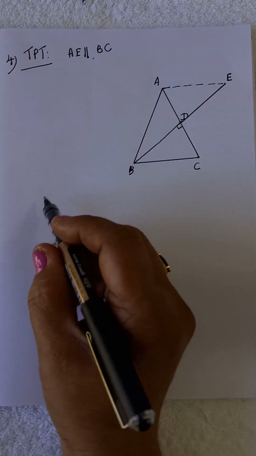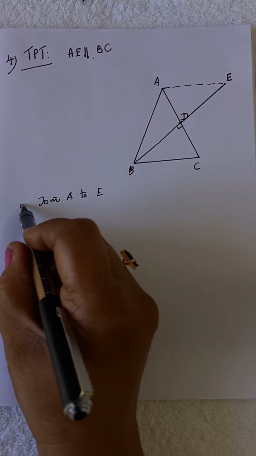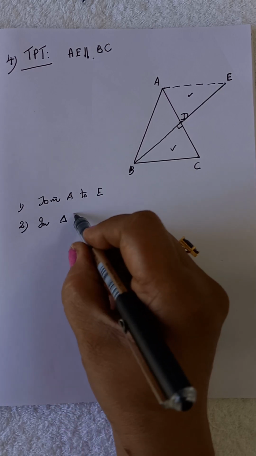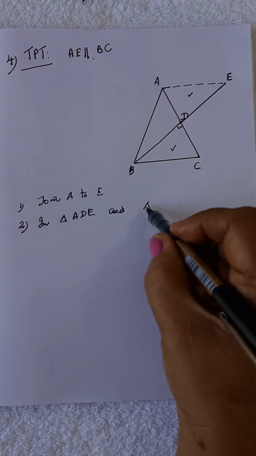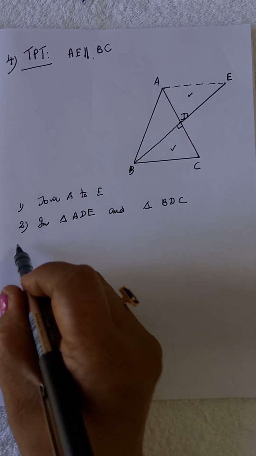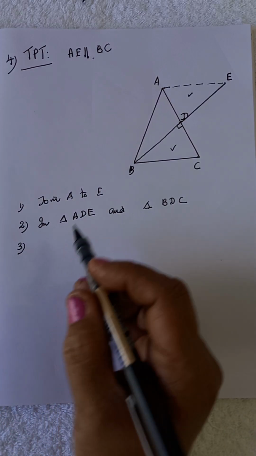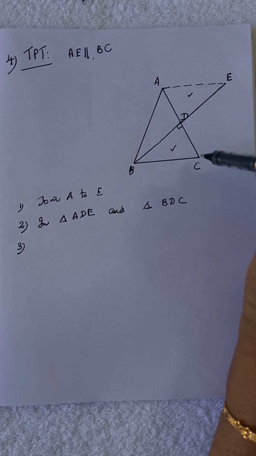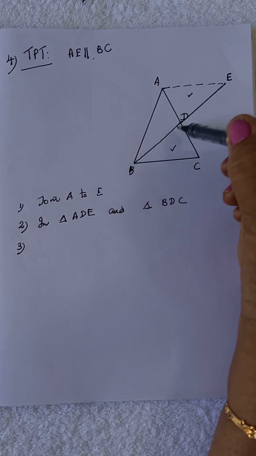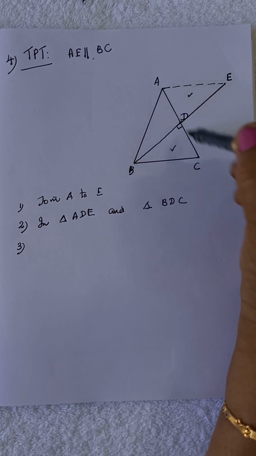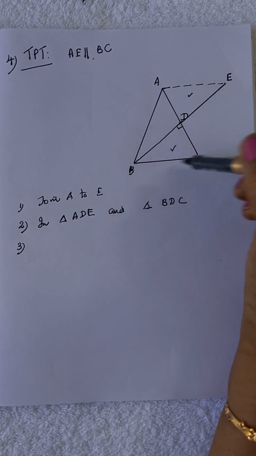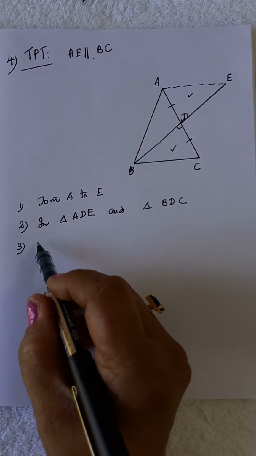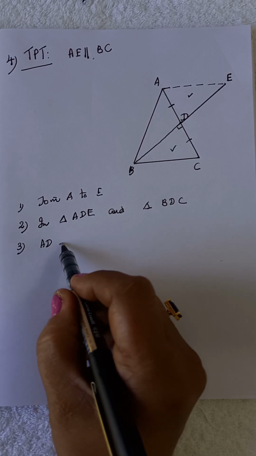So we can write join AE, first point. Then second point we can write, in triangle ADE and triangle BDC. Now third point is, here AD is equal to DC. Why? Because BD is the median to the side AC of the triangle ABC. So we can write AD is equal to DC.